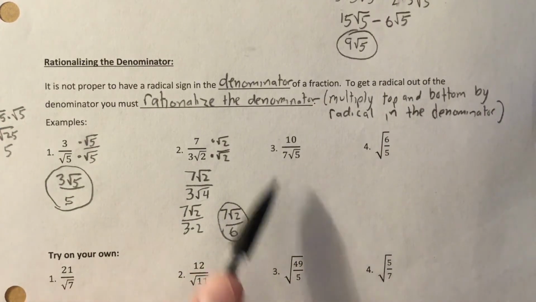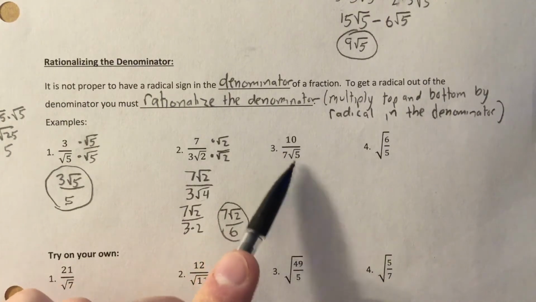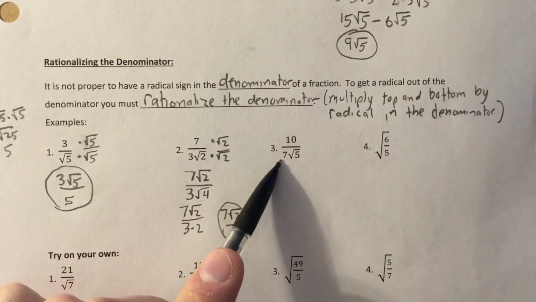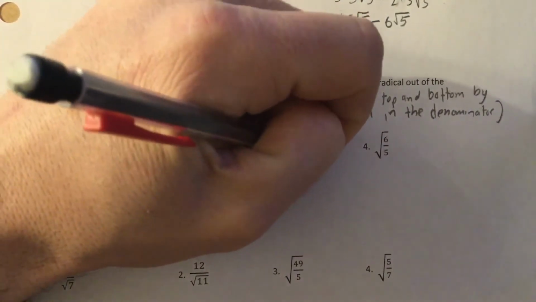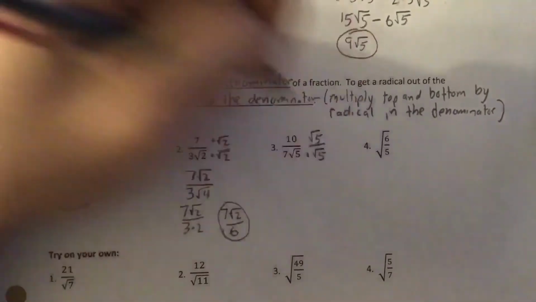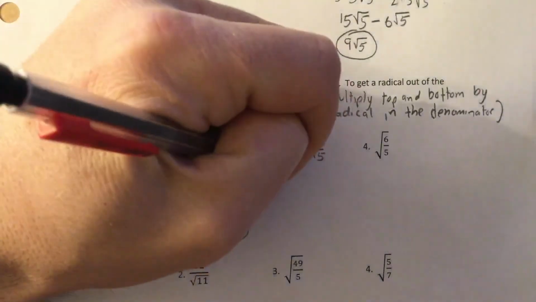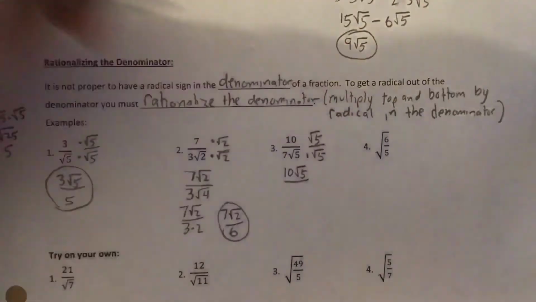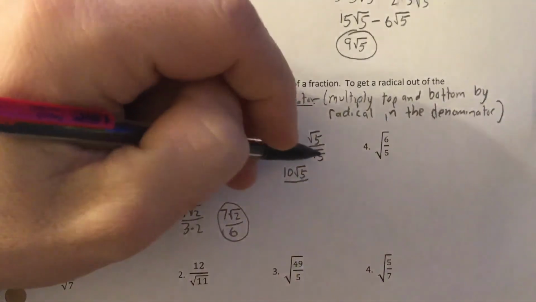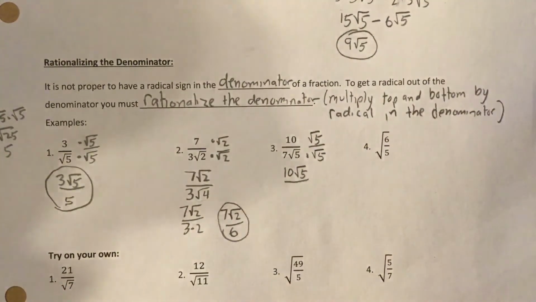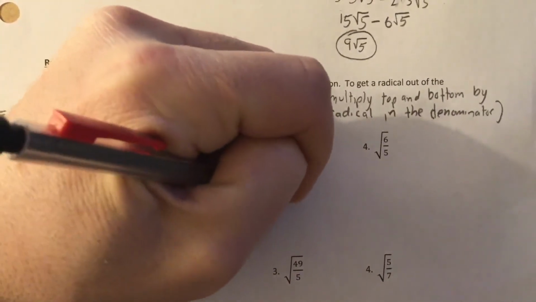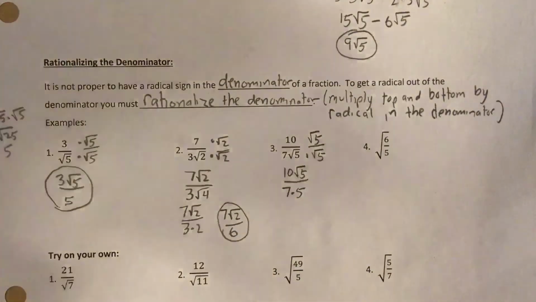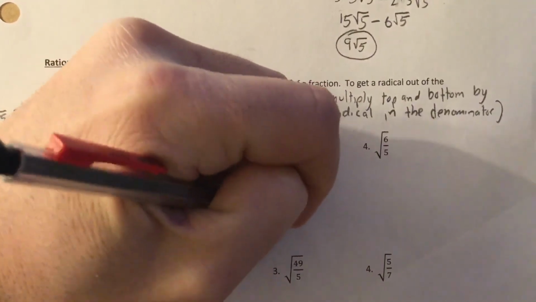For number 3, 10 over 7 root 5. Again, the 7 is fine in the denominator, but the root 5 is the problem. I can't have a radical in the denominator, so I'm multiplying the top and bottom by root 5. And that would give me 10 root 5 over, and then again, root 5 times root 5 is root 25, square root of 25 is 5, or we just remember the radicals would cancel out and you'd be left with 7 times 5. 7 times 5 is 35.